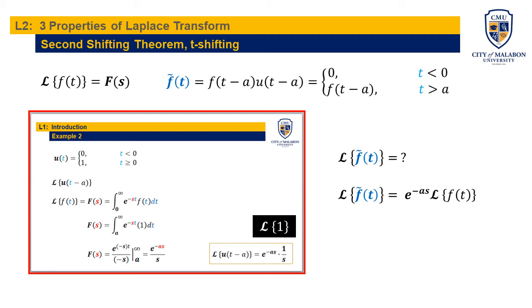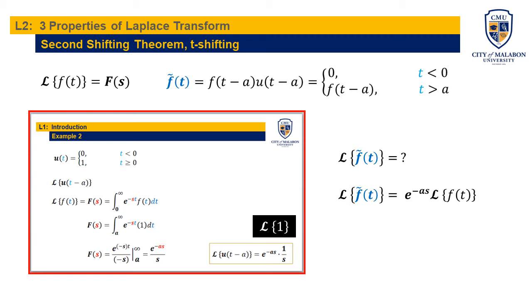Hindi siya mahirap. Ngayon, saan ba natin ginagamit itong mga shifted function? Okay? Marami sa mga equations na ginagamit natin sa different applications ng mathematics, meron discontinuity. So, itong shifting function, applicable to doon sa mga biglang tumatalon na equations.